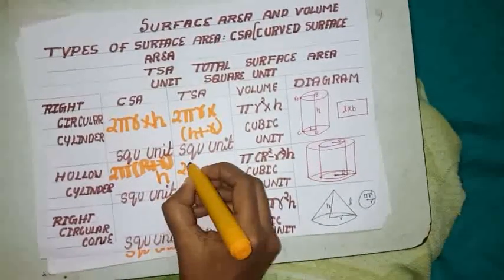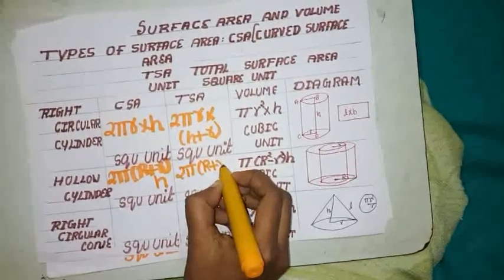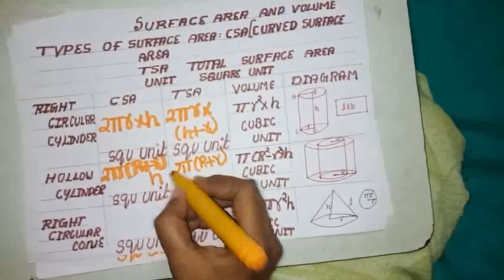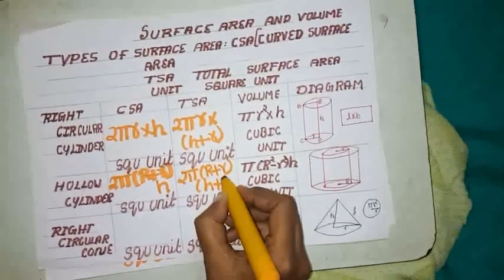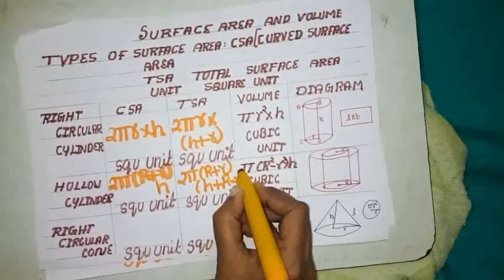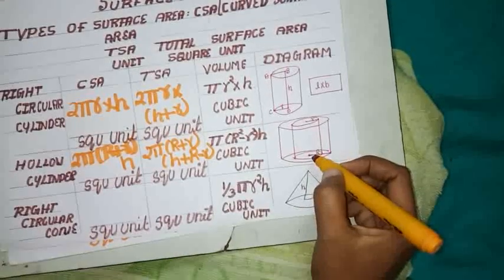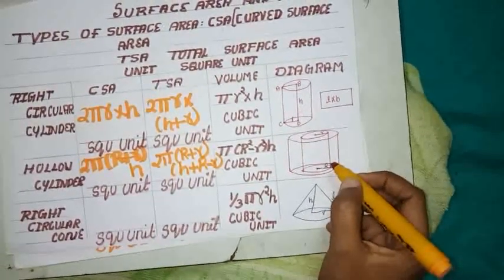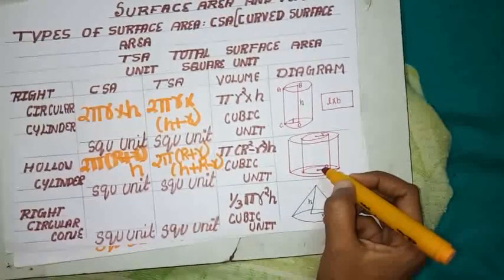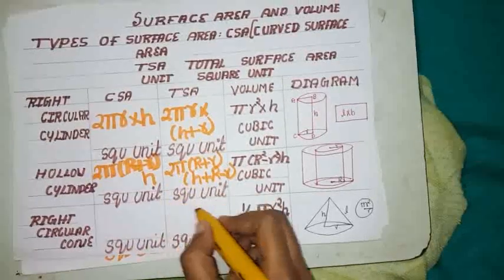Again write it as it is, 2 pi, small r plus capital R. h is going to change, so height h plus capital R minus small r. The small r is repeated again and again, so we should subtract once. The unit is square unit.